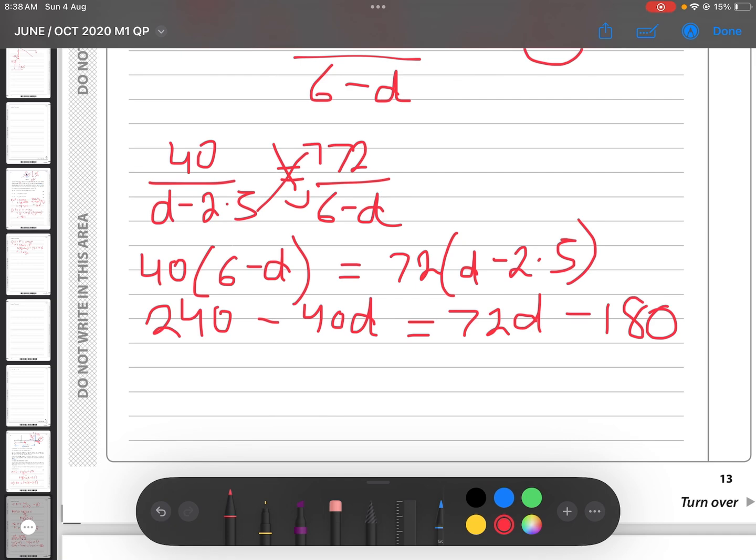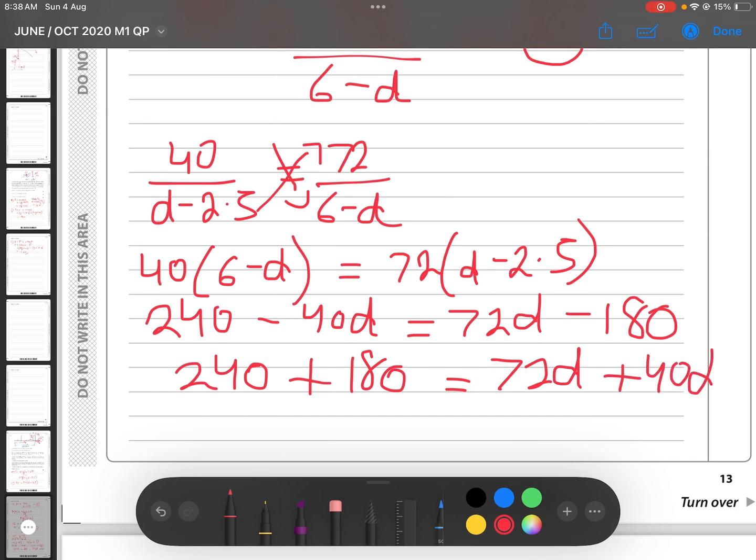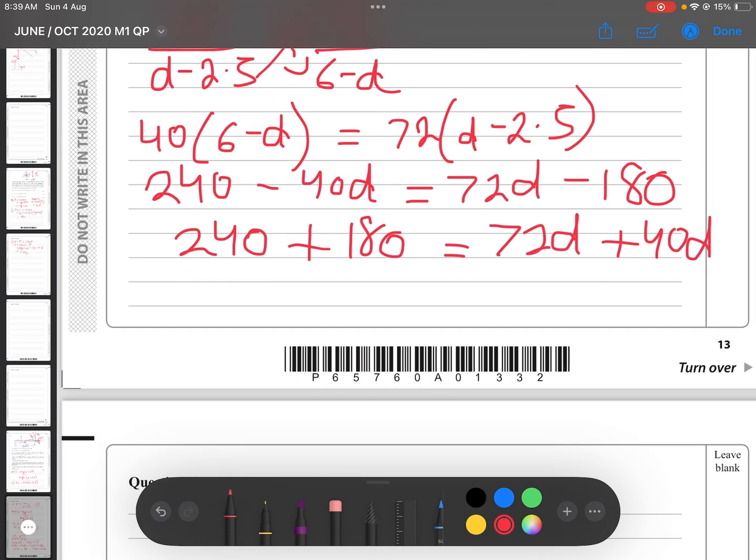Now let's put all the d terms together. 240 plus 180 is going to be equal to 72d plus 40d. 240 plus 180 is 420, which equals 72d plus 40d, which is 112d.